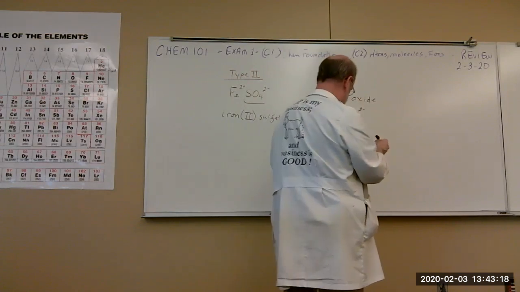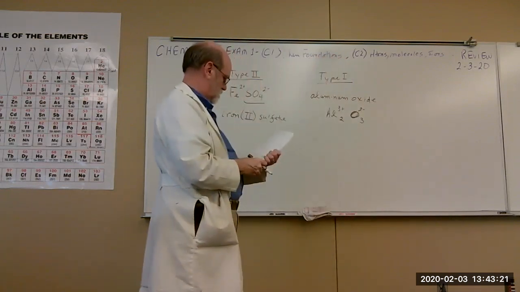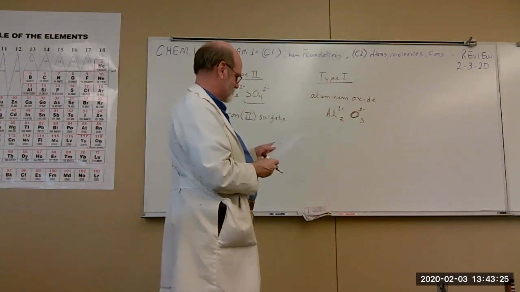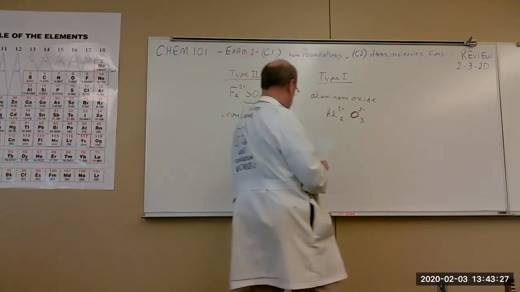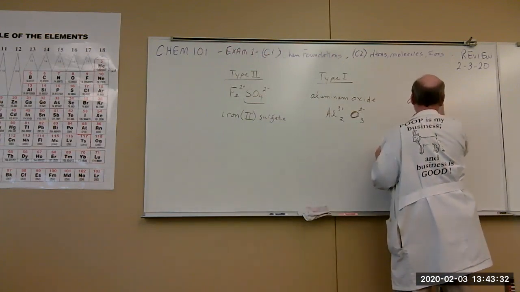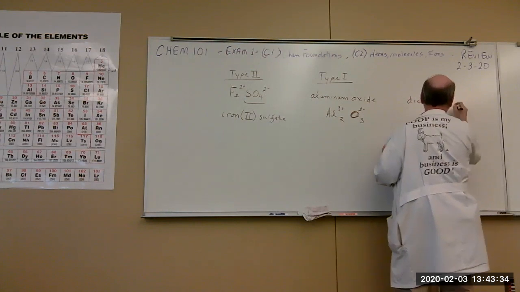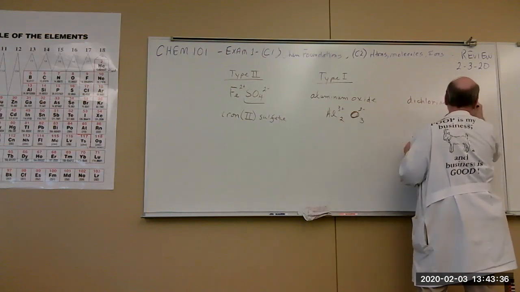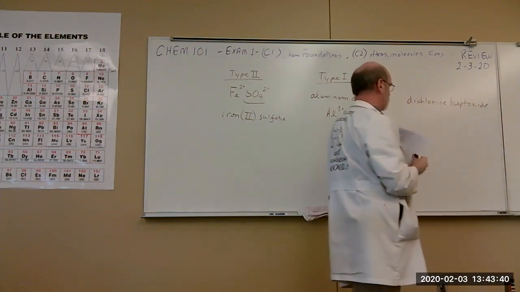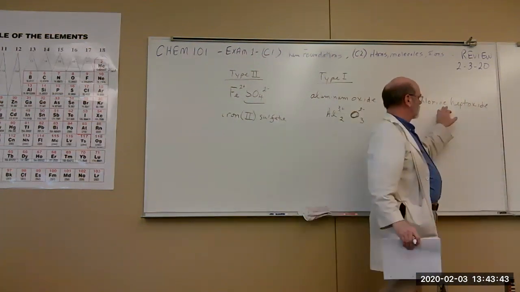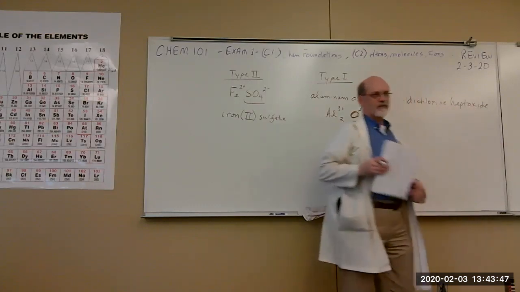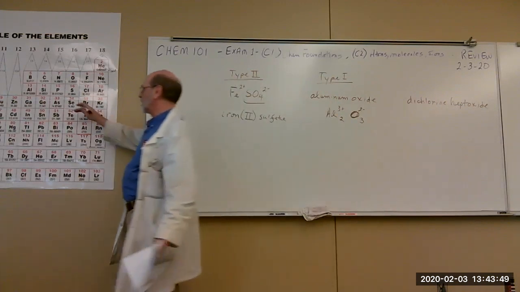And let's see, how about this one? Dichlorine oxide. What kind is that? Chlorine and oxygen come from the same area of the chart.